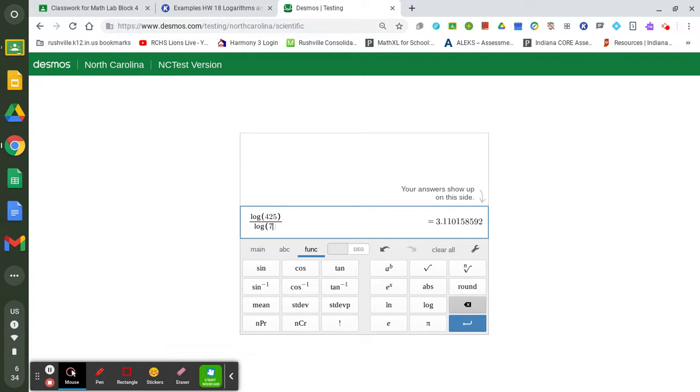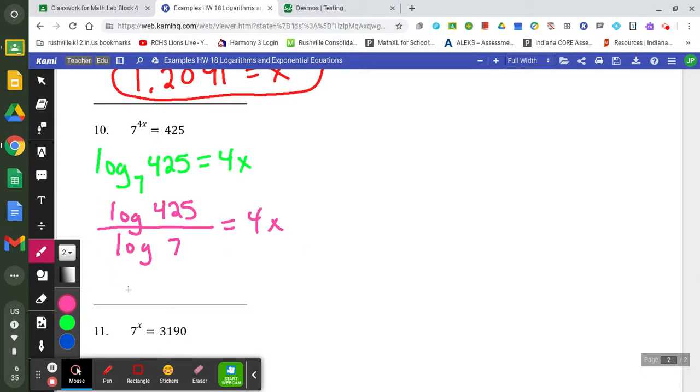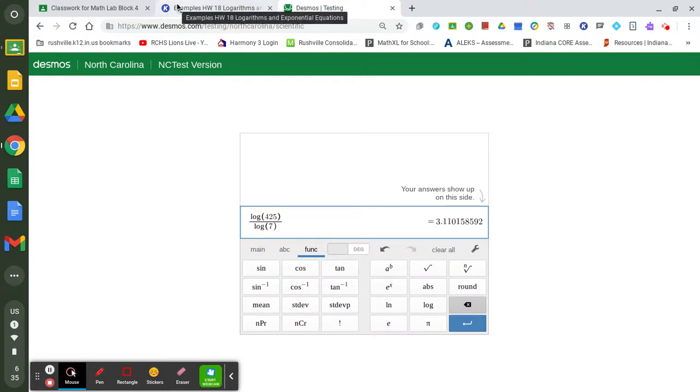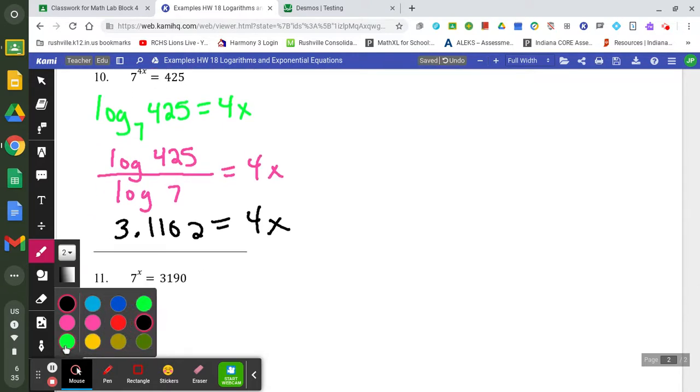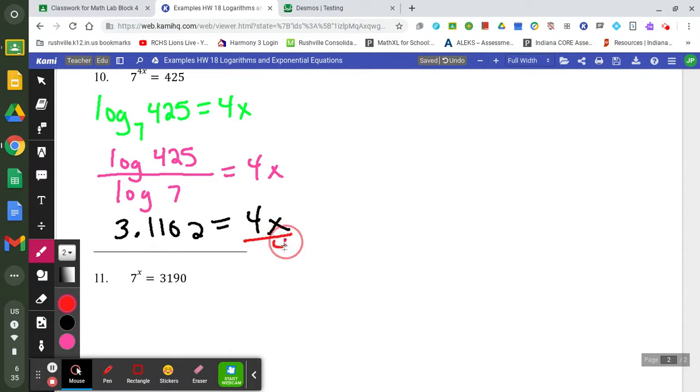And that gave me 3.11015, so it's 3.1102. So 3.1102 equals 4x. And we're not finished because we still have the 4. So we are going to divide by 4.